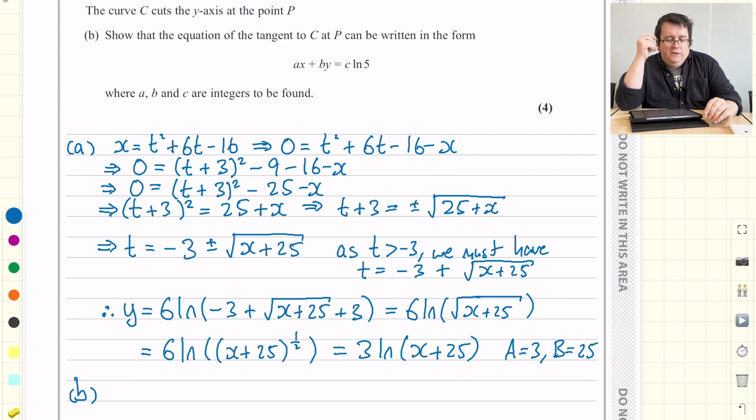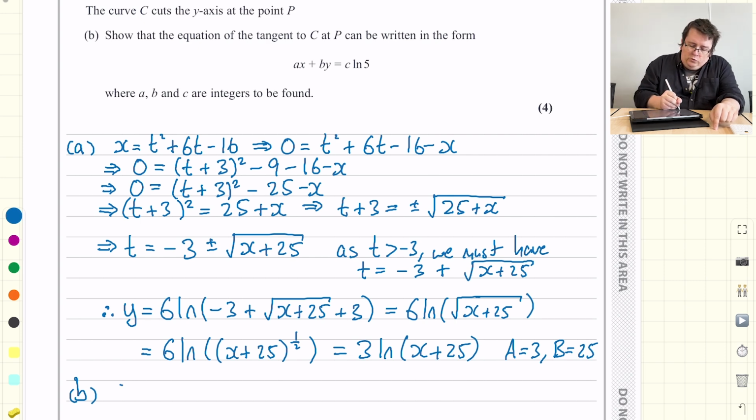Right, part B. The curve C cuts the y-axis at the point P. Show that the equation of the tangent to C at P can be written in the form ax plus by equals c log 5, where a, b and c are integers to be found. So if it cuts the y-axis at the point P, then that must mean when x is 0. So 0 equals t squared plus 6t take away 16.